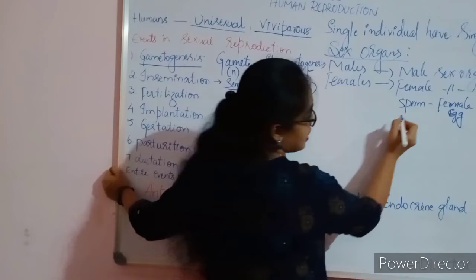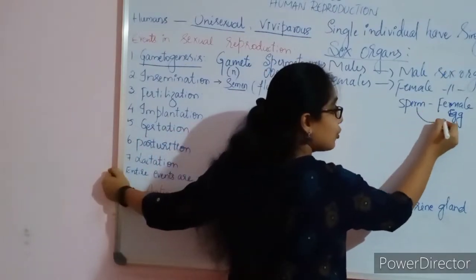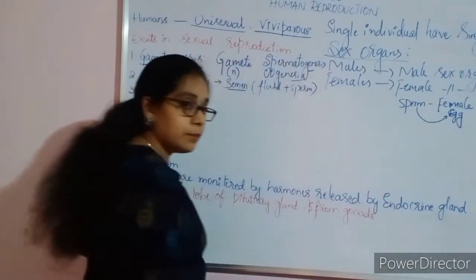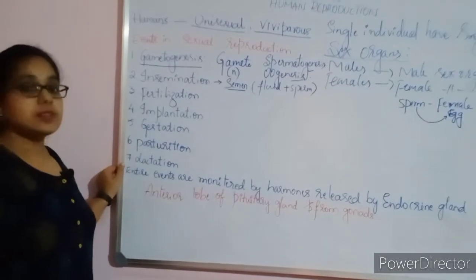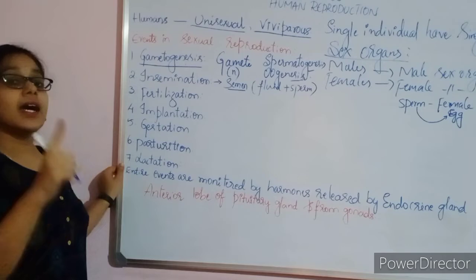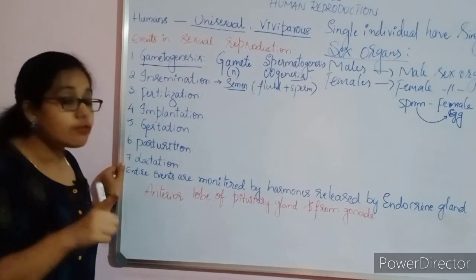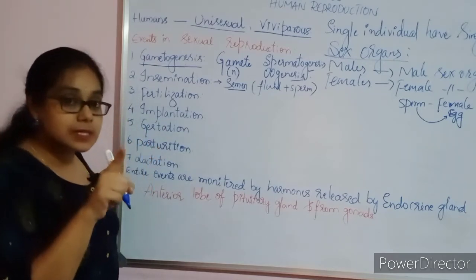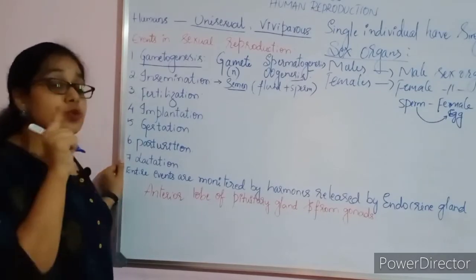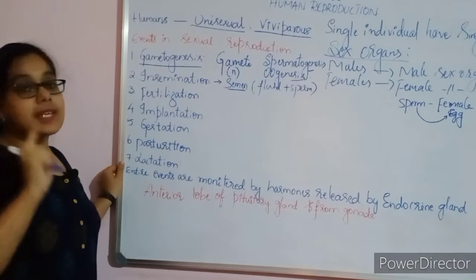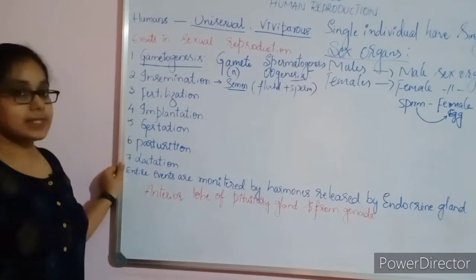So here what happens? Sperm will fuse with the egg cell. That process is nothing but fertilization. So what do you mean by fertilization? It is the process of fusion of the male gamete, which is nothing but sperm, with the female gamete, nothing but egg cell, to form a diploid zygote.